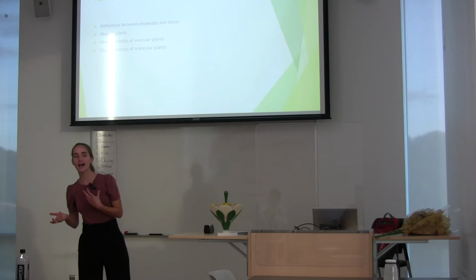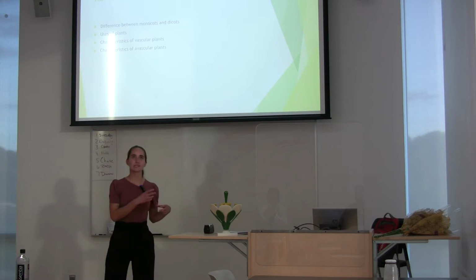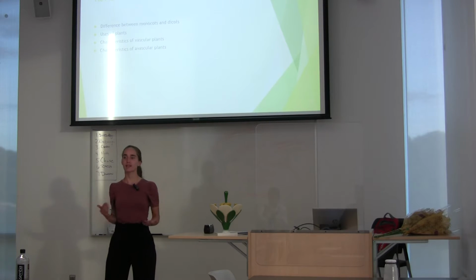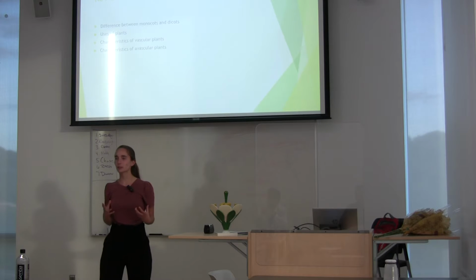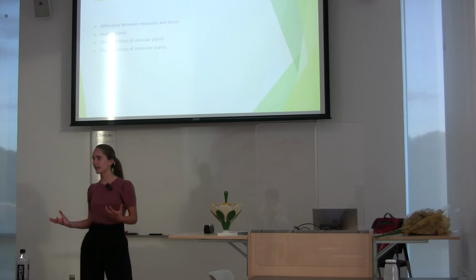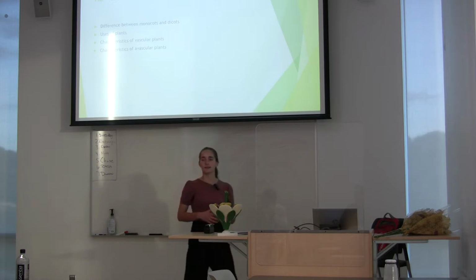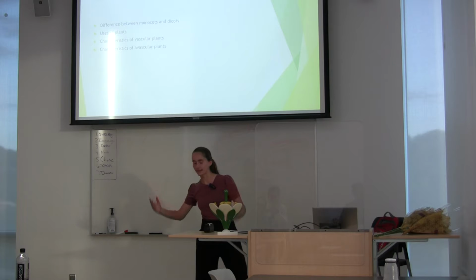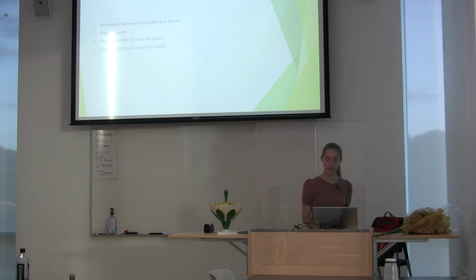If it doesn't have the means to get water from its roots to the top, it's going to have to be really short. So avascular plants are things close to the ground, like mosses. Whereas vascular plants have the ability to be really tall, like trees.